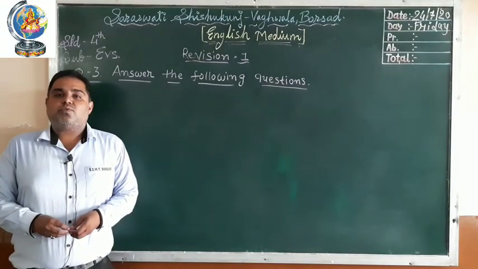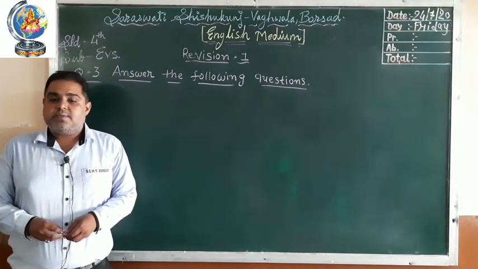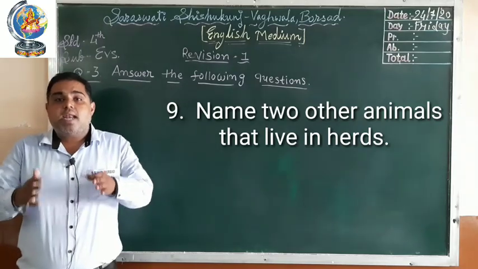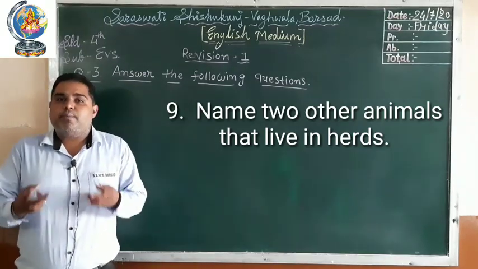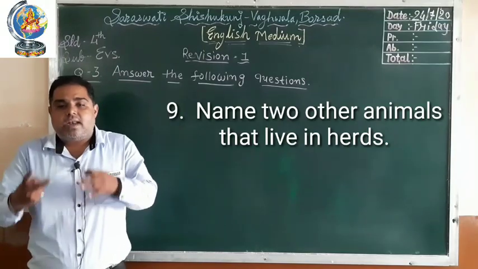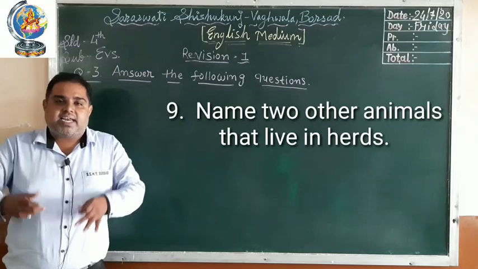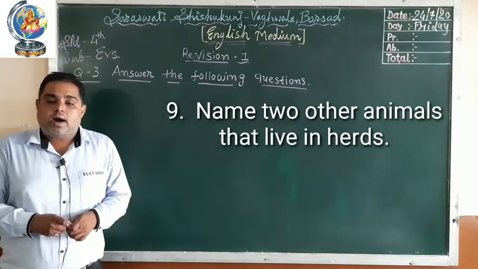Now our next question, that is question number 9, is, name 2 other animals that live in herds. Students, you have to name 2 other animals that are living in herds or groups. So which animals other than elephants live in groups or herds?